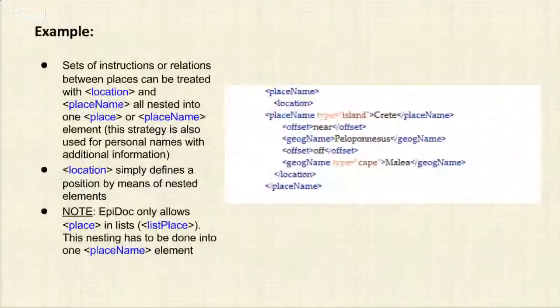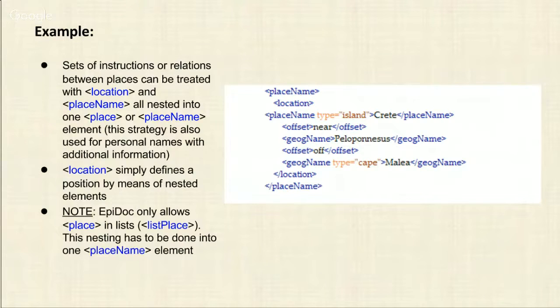So in this case, for example, if you have the description of an offset, a very simple one actually, Crete near Peloponnesus off Cape Malea, the set of instructions can be encoded by nesting the location with the offset, with a further specification of the types of geographical names that you find. So in this case, it simply defines the position by means of nested elements.